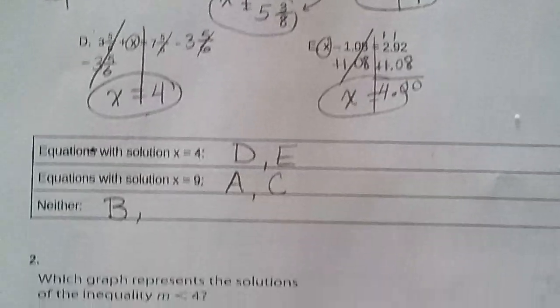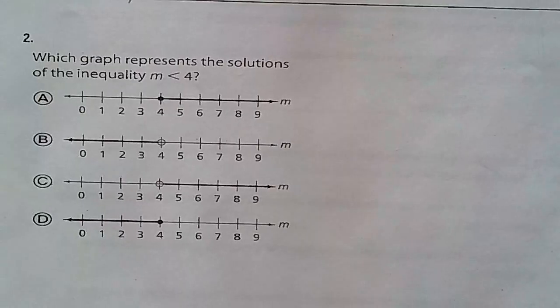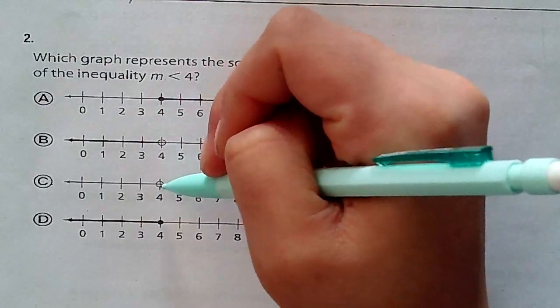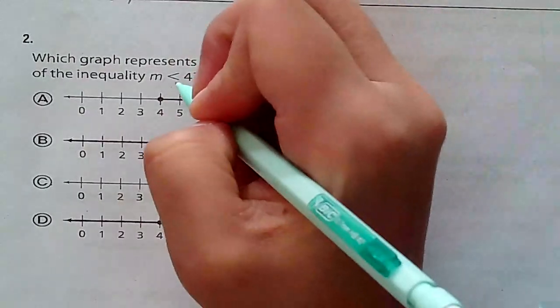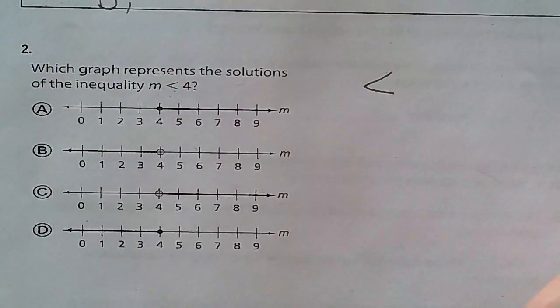That's problem 1. Problem 2, which graph represents the solutions of the inequality m is less than 4? So remember, we need to look to see, is it a closed circle, open circle? Here's an open circle, closed circle. So what does less than mean?